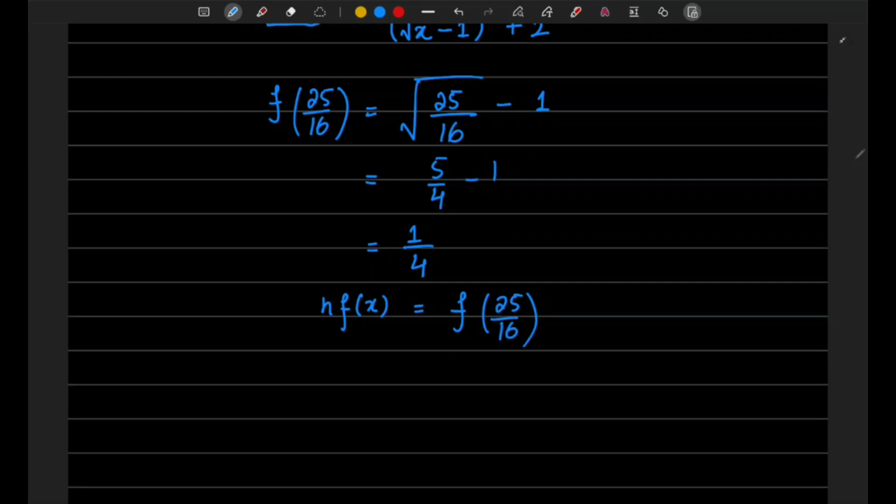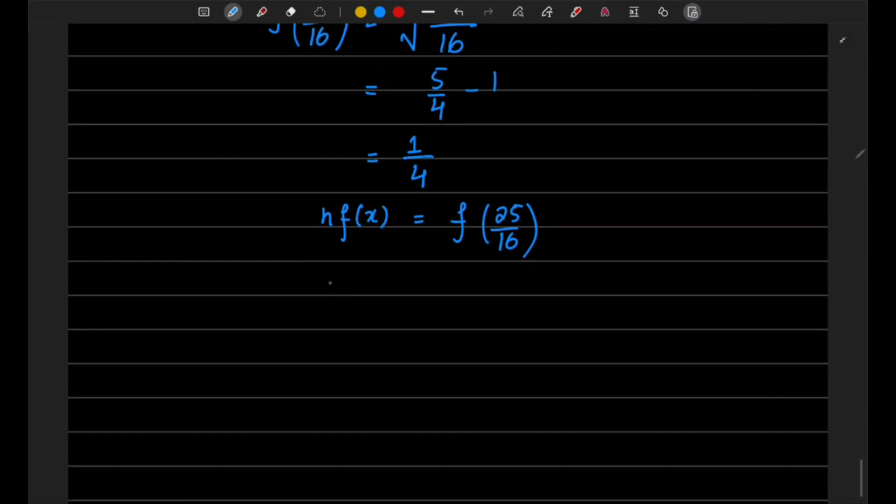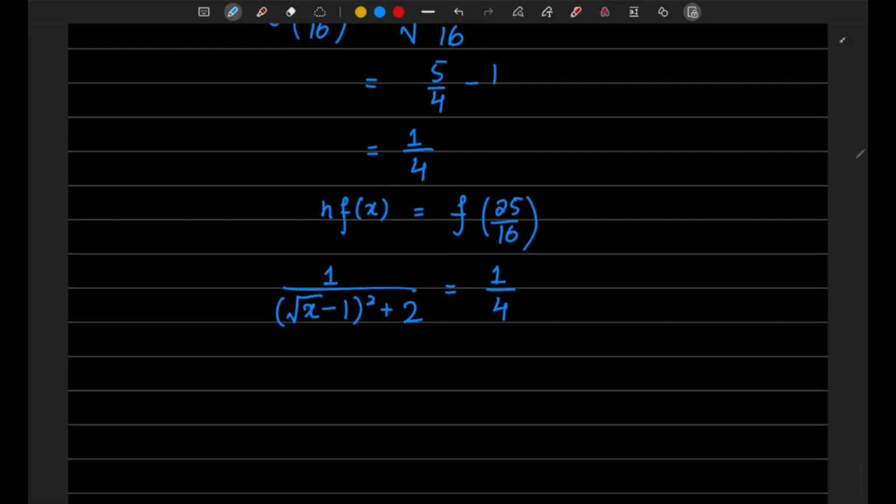So let's put in the values. H of f of x is 1 over (root x minus 1) squared plus 2 equals 1 over 4. Now cross multiply.